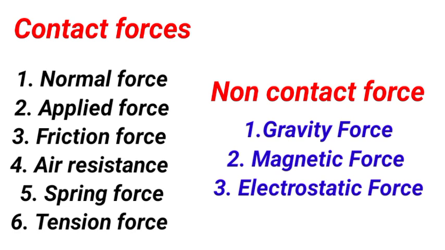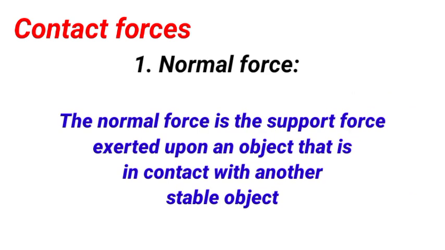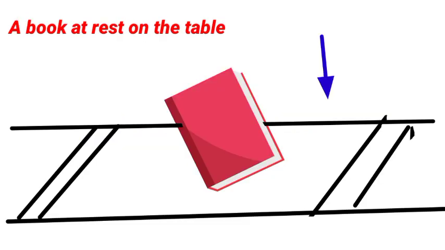In contact force, first is normal force. The normal force is the support force exerted upon an object that is in contact with another stable object. For example, if a book is resting upon a surface, then the surface is exerting an upward force upon the book in order to support the weight of the book.